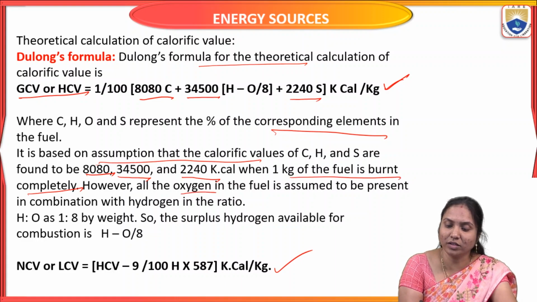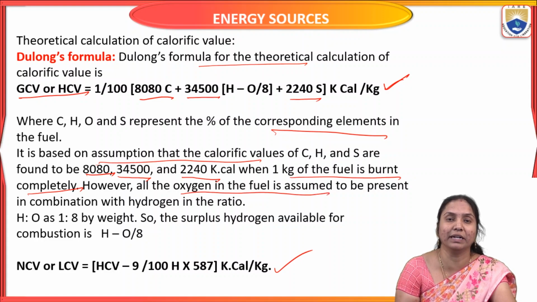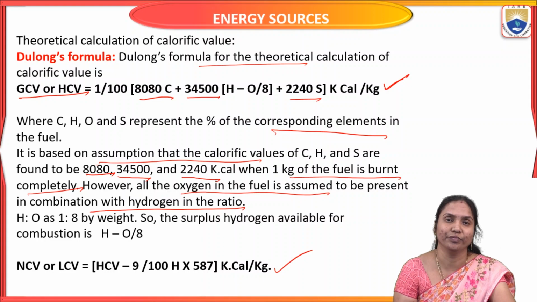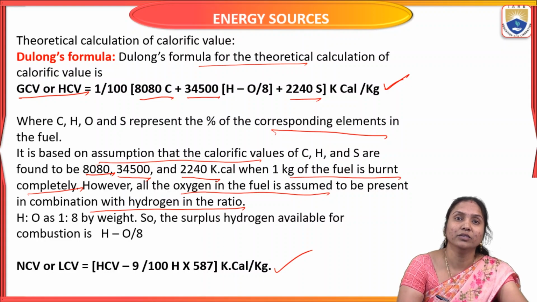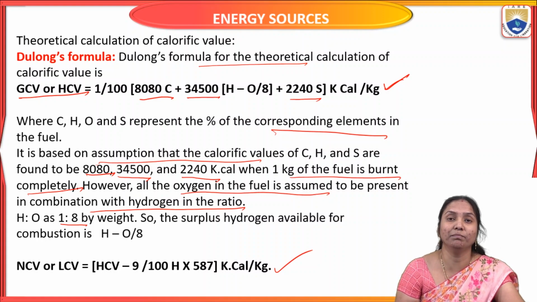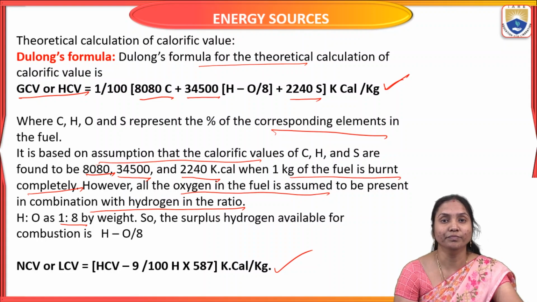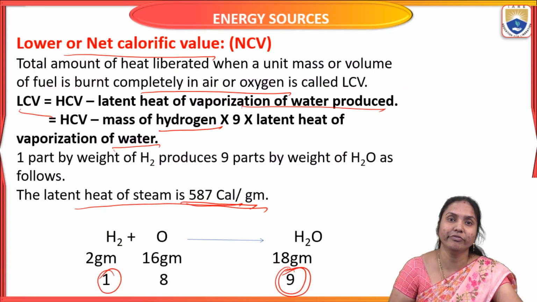Here, all the oxygen in the fuel is assumed to be present in combination with hydrogen in the ratio of 1:8. 1 part by weight of hydrogen burns in the presence of 8 parts by weight of oxygen to produce 9 parts by weight of steam.